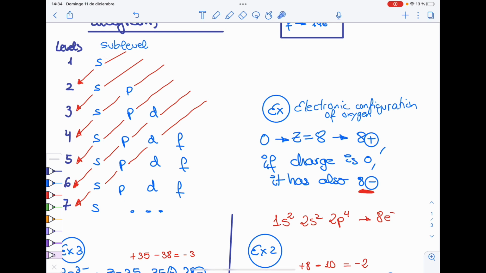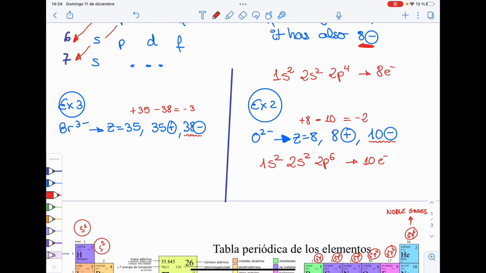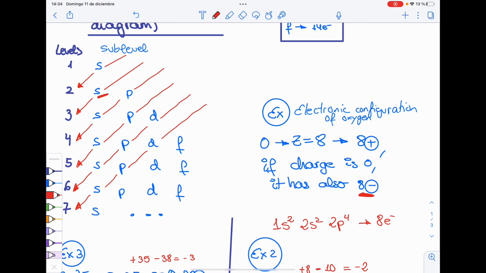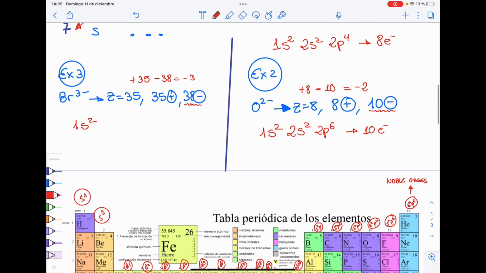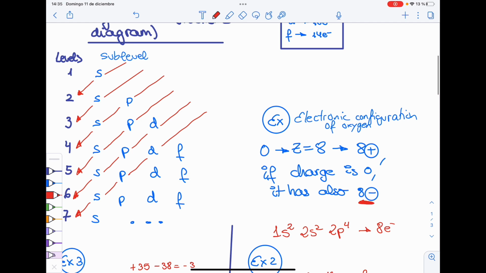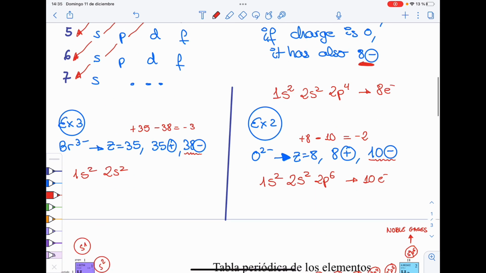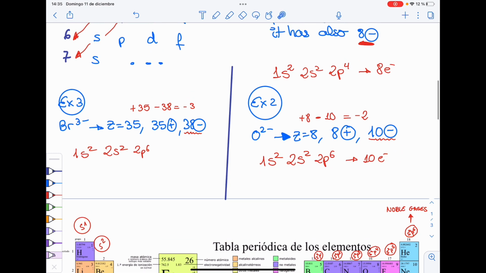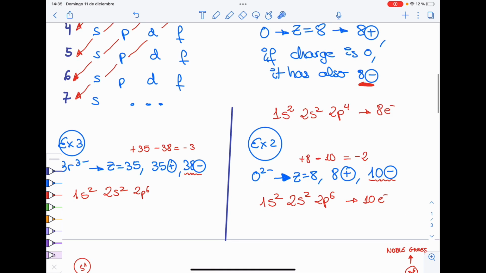So first letter S, 1s2. Second line, this letter S again, so 2s2. I need to continue. Third letter P, okay, so 2p6. And if you remember from the previous example, so far we put 10 electrons, and I have to put 38, so I need to continue.